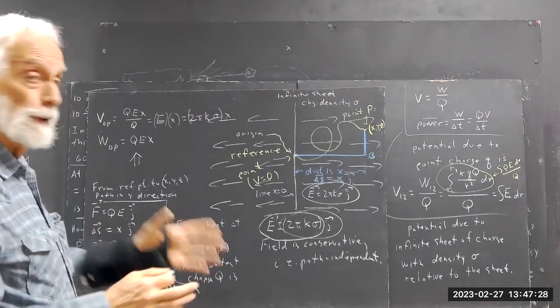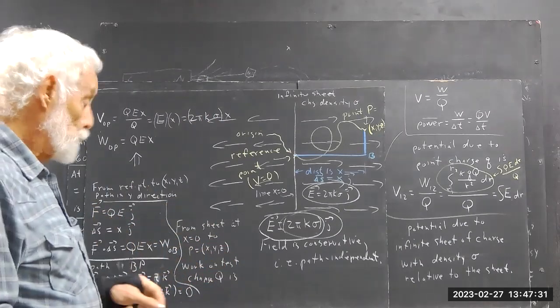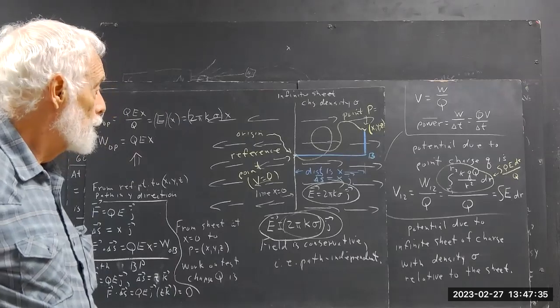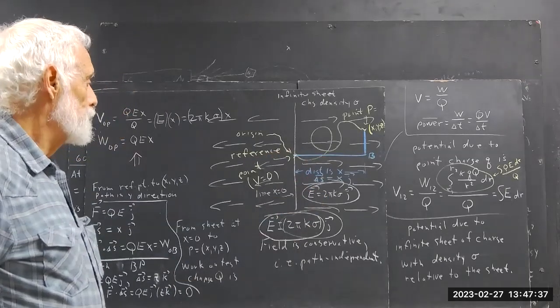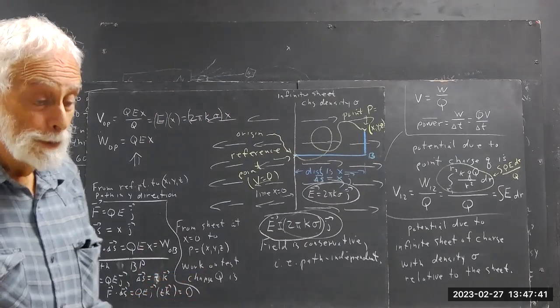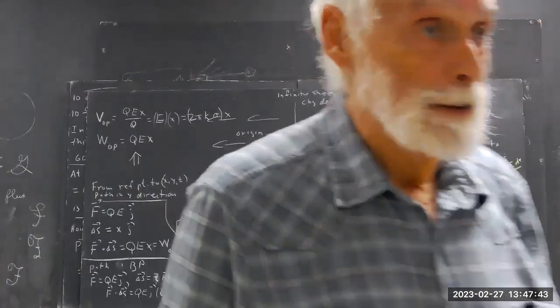Again, in a capacitor, you double that because of the two plates. So you understand that much? You've got a pretty good start on the idea of potential difference.